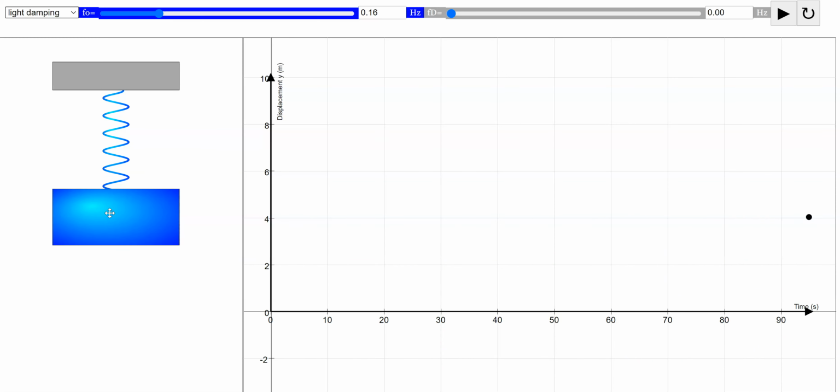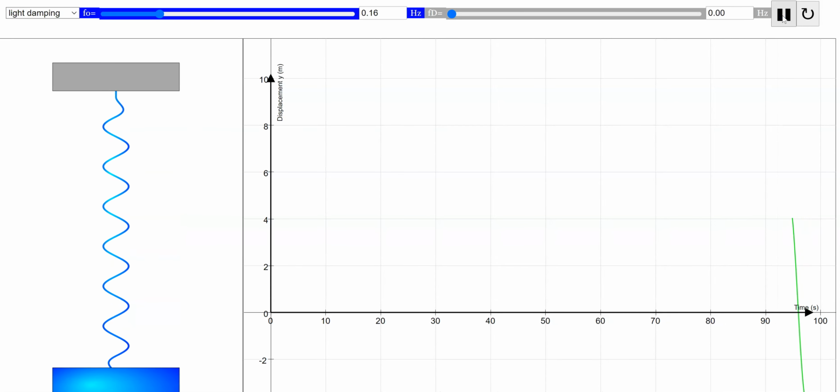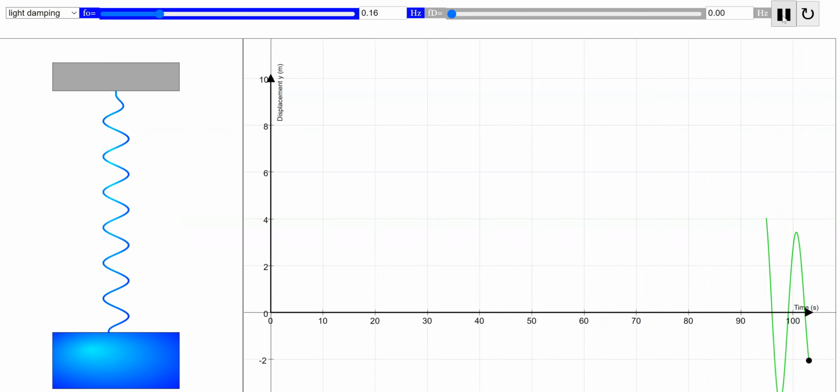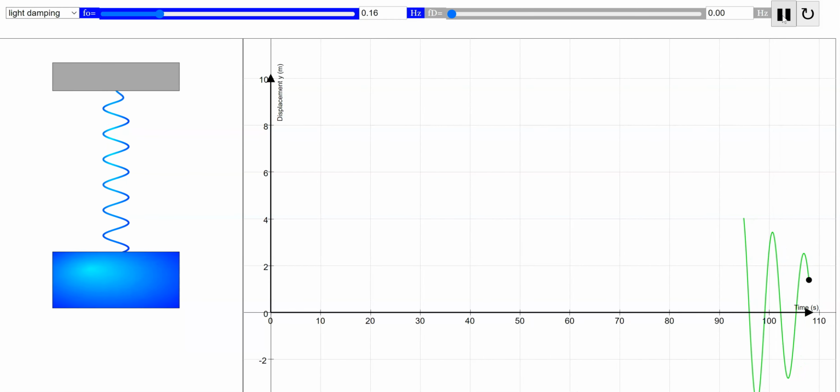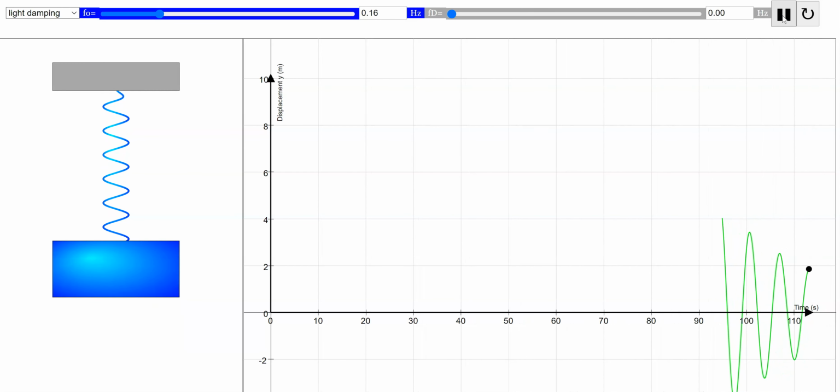And you will see how damping is going to change everything. Sorry, the point sits over here. Well, I think we are going to see the picture anyway, though it's going to appear a little bit later.